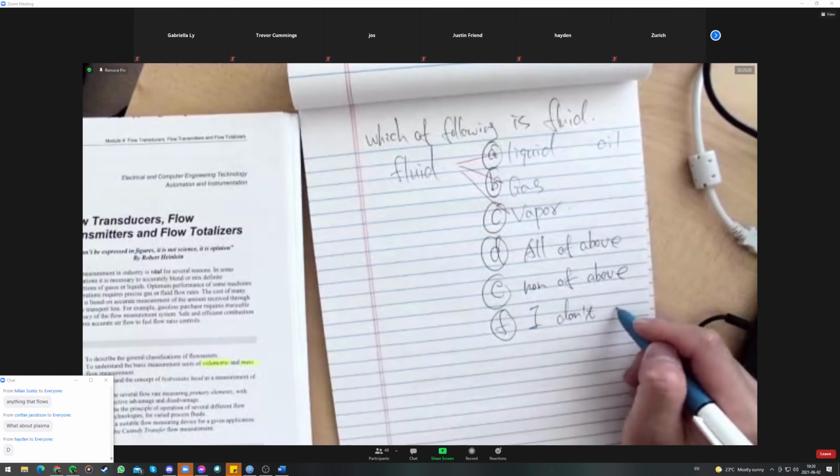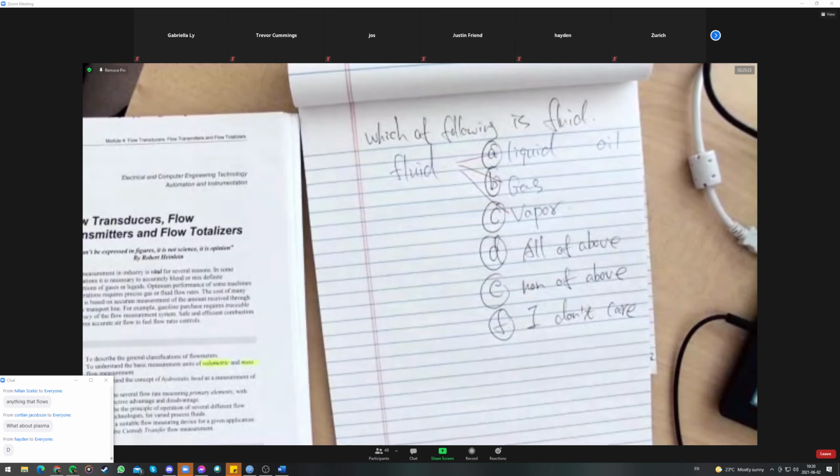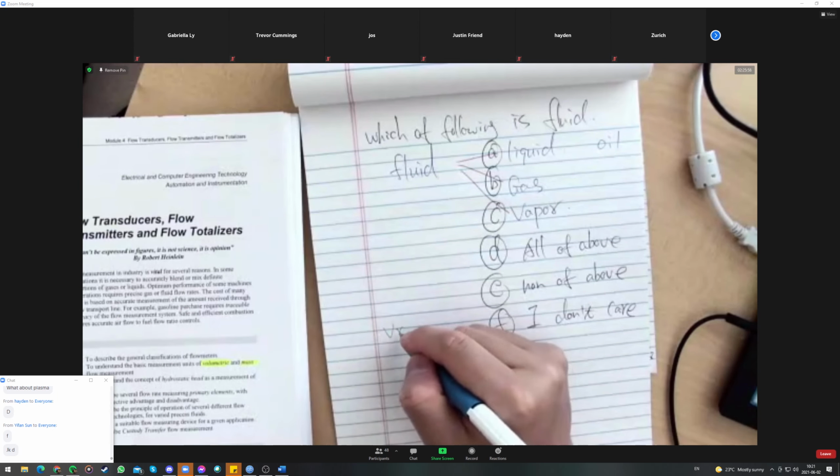I don't care, which answer are you going to choose? Plasma? Not 100% sure what the definition of plasma is. If it can move, then yeah. So Ifan, you chose F, right? So anyone who chose F is going to get a version F exam.